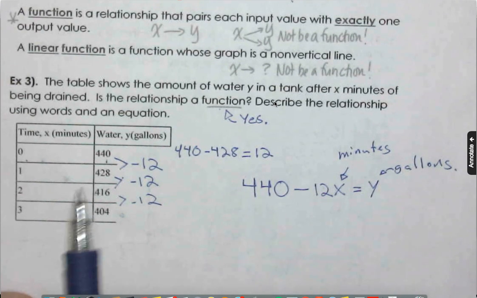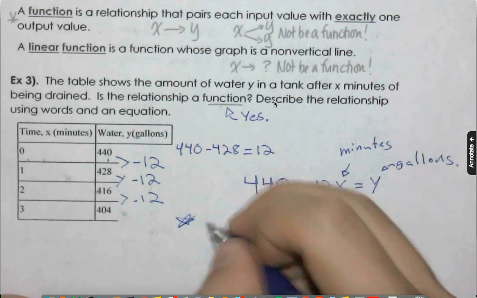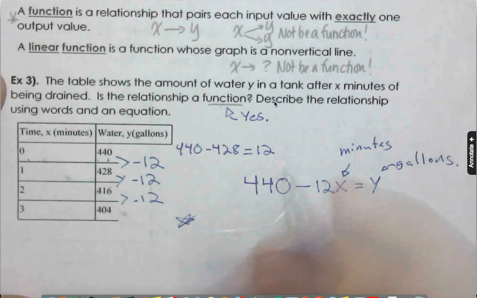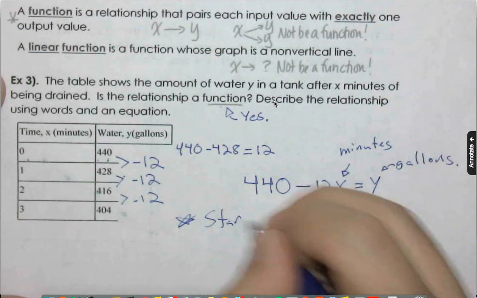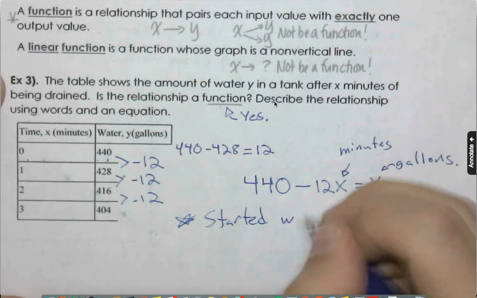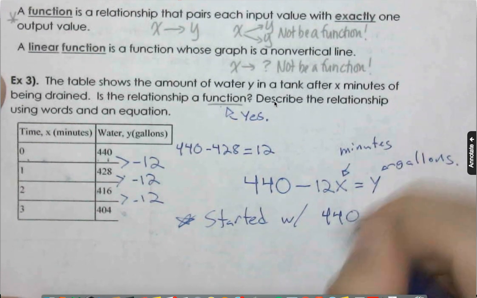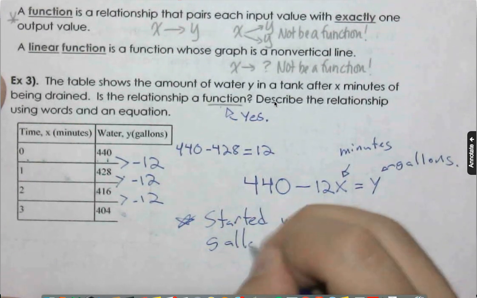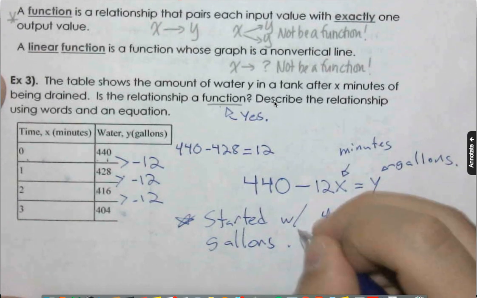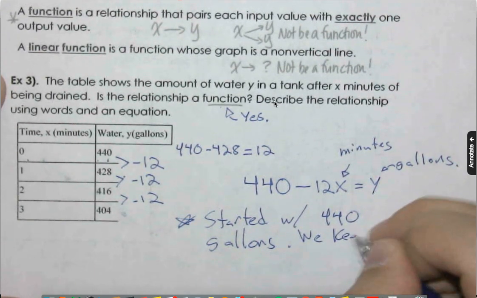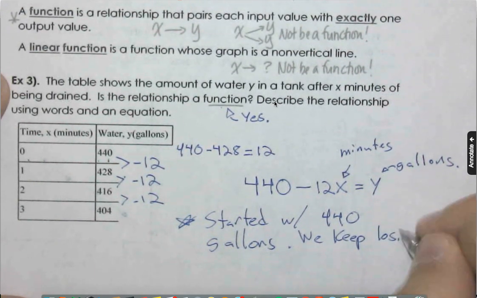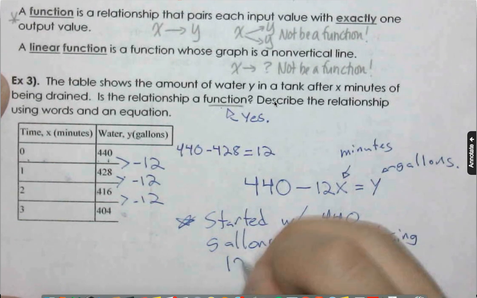As far as talking about this in words, let's say we start with 440 gallons of water, and we keep losing 12 gallons per minute.